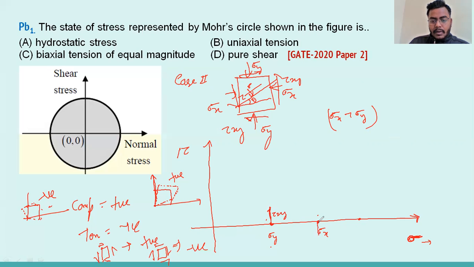Here you have to draw in a vertical downward direction equal to tau xy. These 2 points we will meet. So this will be the center of the Mohr circle, and this would be the radius. Taking the center and this radius, we can draw the Mohr circle.